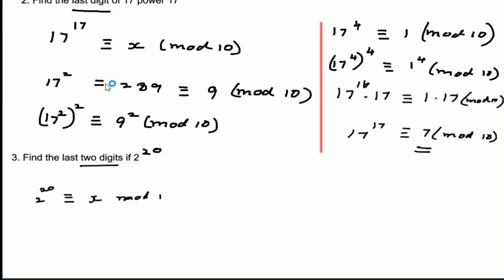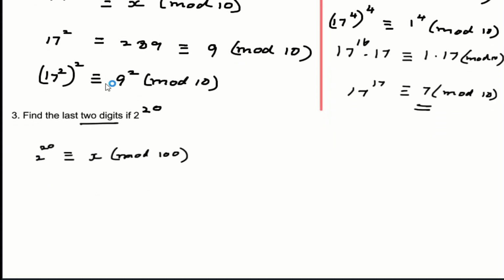He is asking what x is. I know that it is 2 power 9 or 2 power 10, whichever way you want you can take. 2 power 9 is nothing but 512.